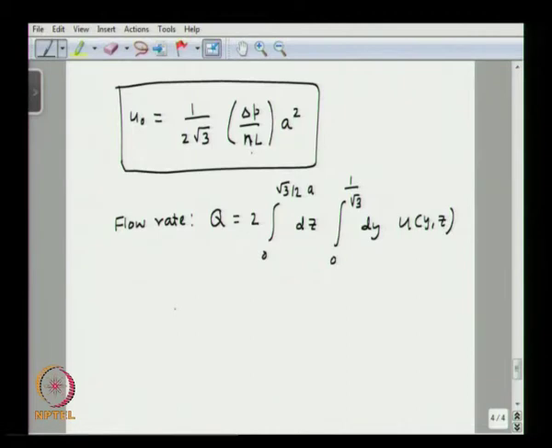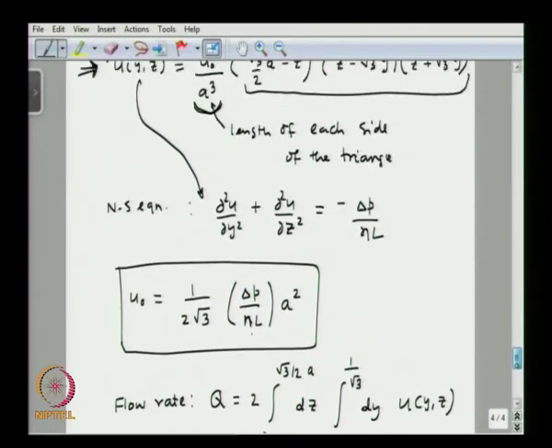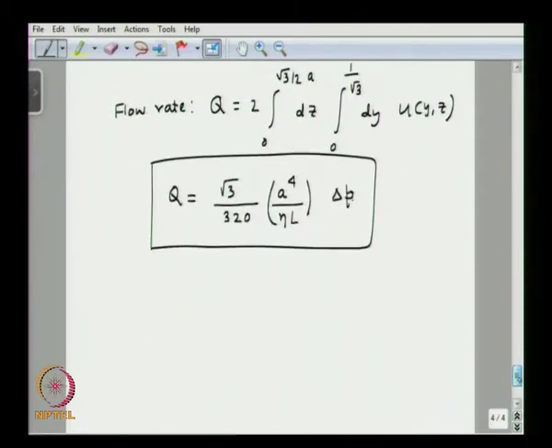If you do that, you can get an expression for Q which looks like square root of 3 over 320 into a4 divided by eta L into delta p. So, that is the expression for the flow rate through a triangular channel.